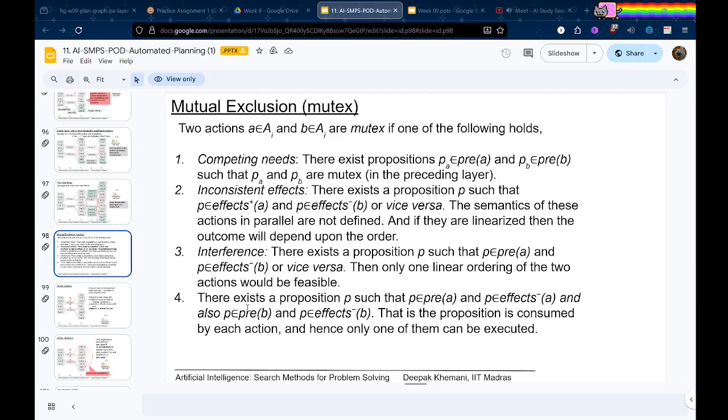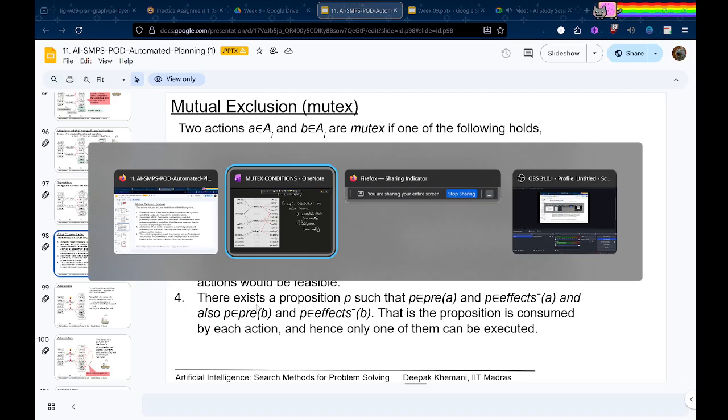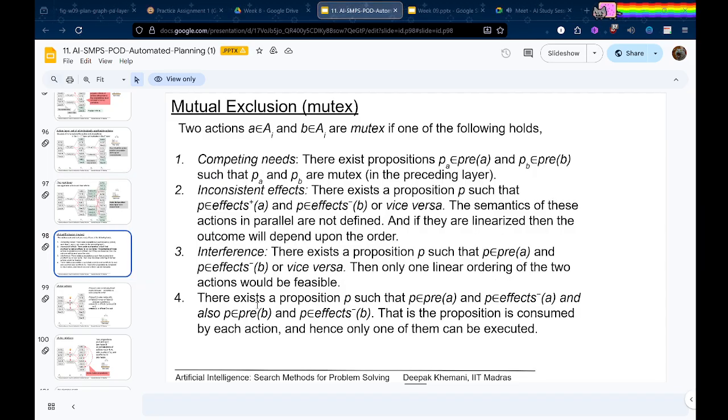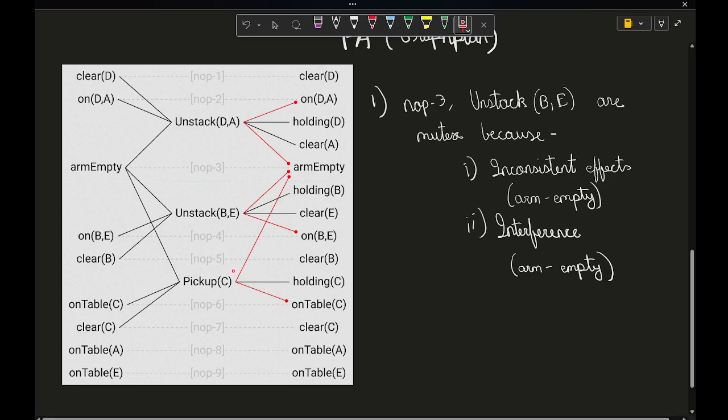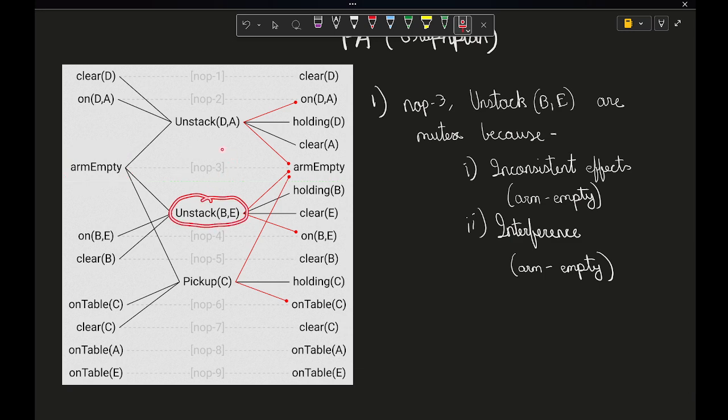And then the final condition says that if P is a precondition and a negative effect of an action A, it just means that if a proposition is being consumed by an action and it can be consumed by another action, then these two actions are mutex.